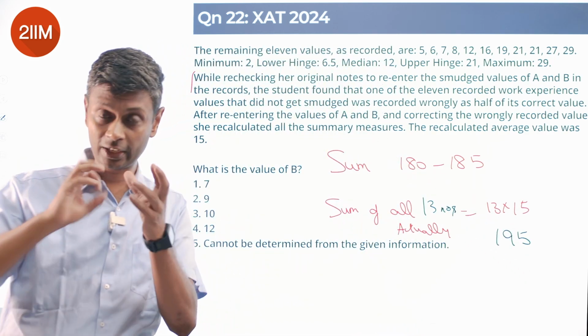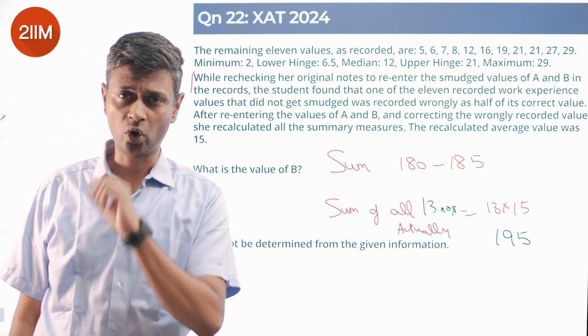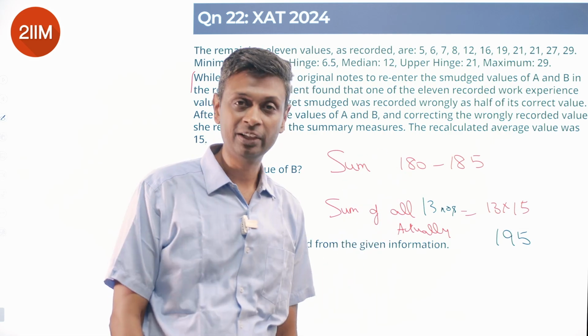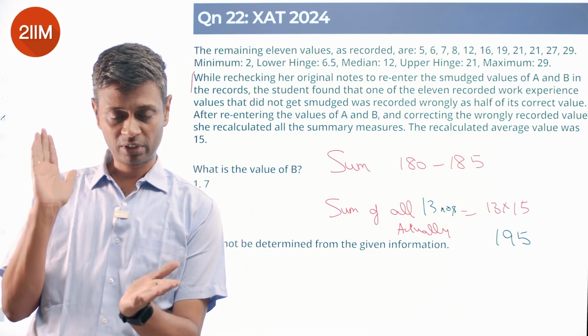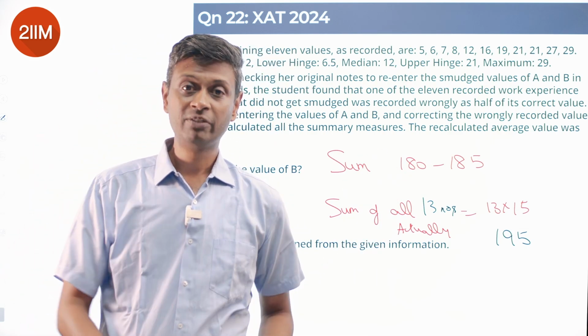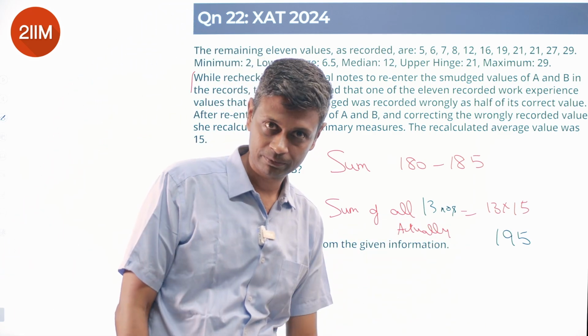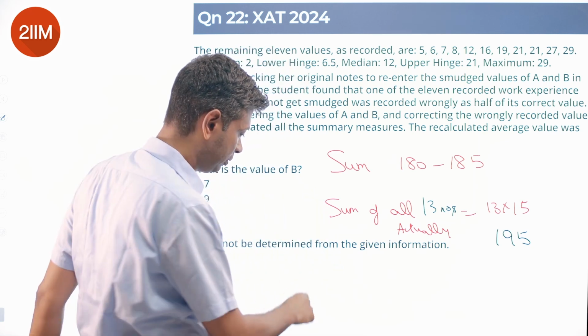And so the mistake, or where this went wrong, I got something from 180 to 185 because I made a mistake and took one of the numbers as half of what it should have been. If I had taken the original full value, I would have ended up at 195. So what am I missing?